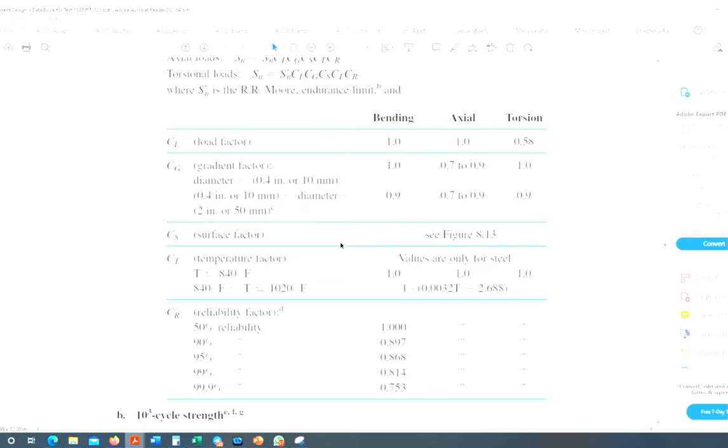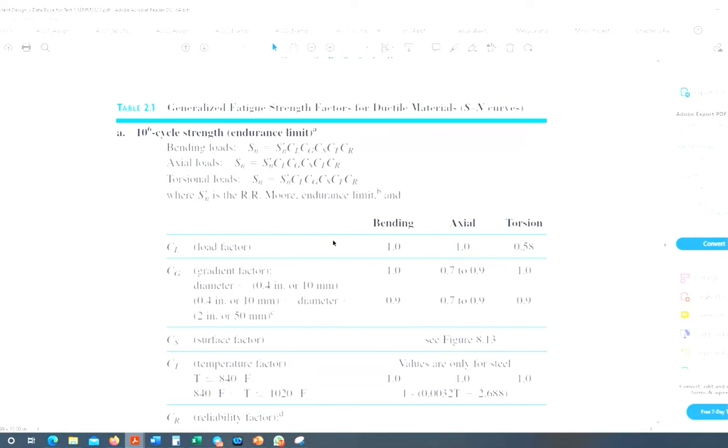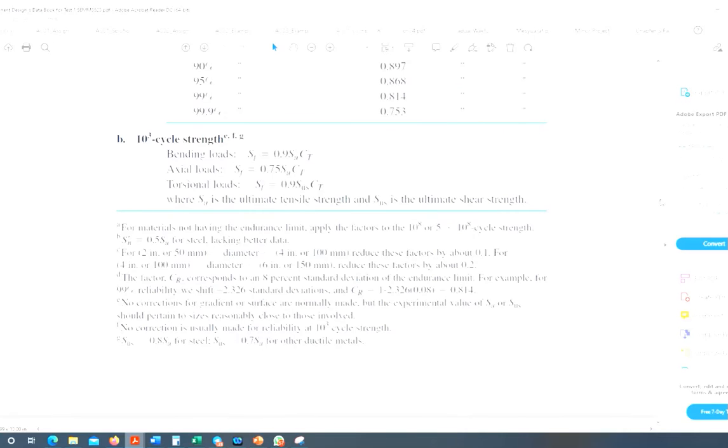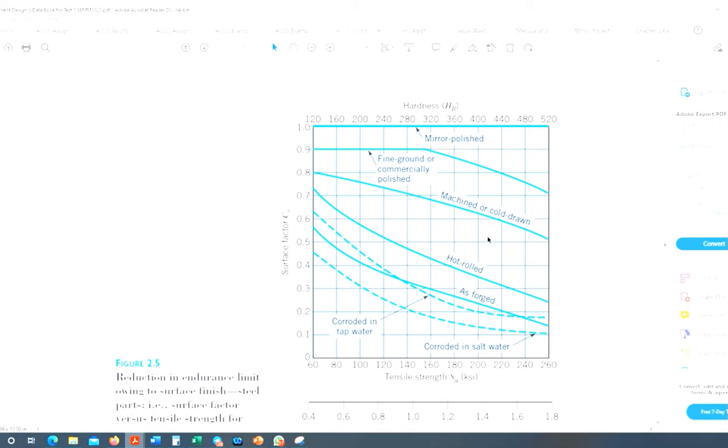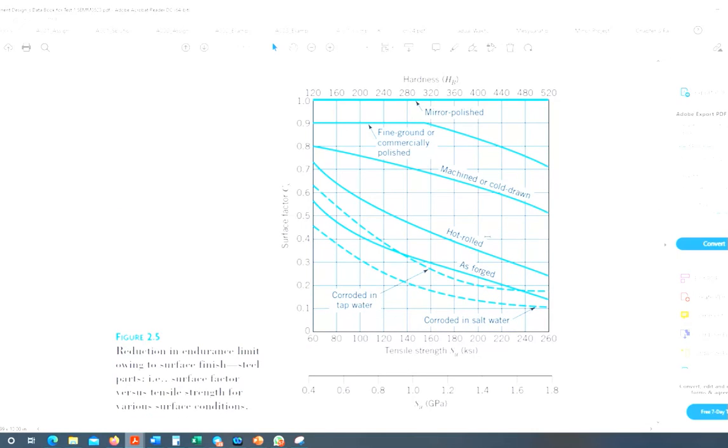Okay, the next is surface factor. The question mentions the rotating shaft shown in the above figures is machined. So this is machined.